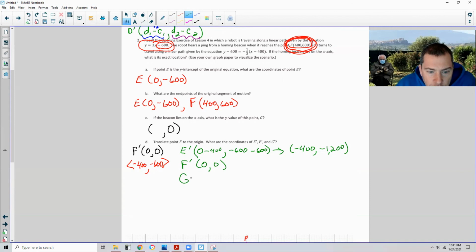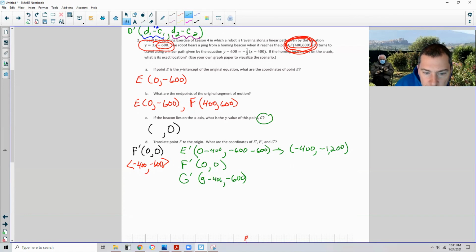Well, what would G prime be? Here's the point G. The Y value is 0, so G is going to be something, comma, -600. And I don't know G, so we're just going to take G and subtract 400.